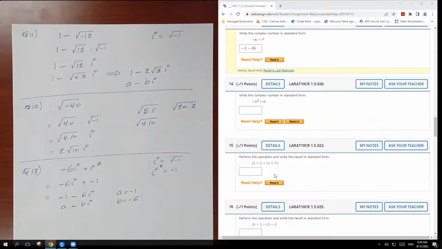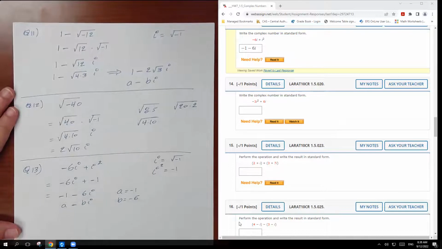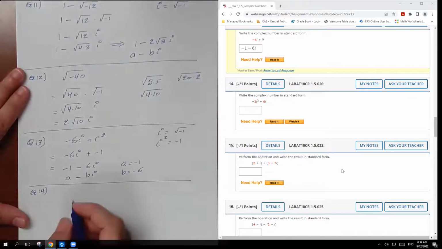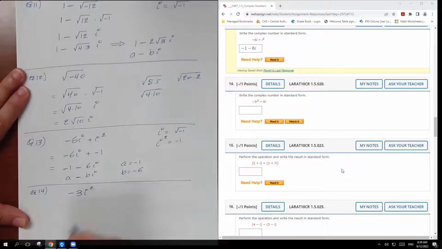So question 14, we're going to do exactly the same thing. We need to write down this number in standard form. So it's negative 3i squared plus 6i.